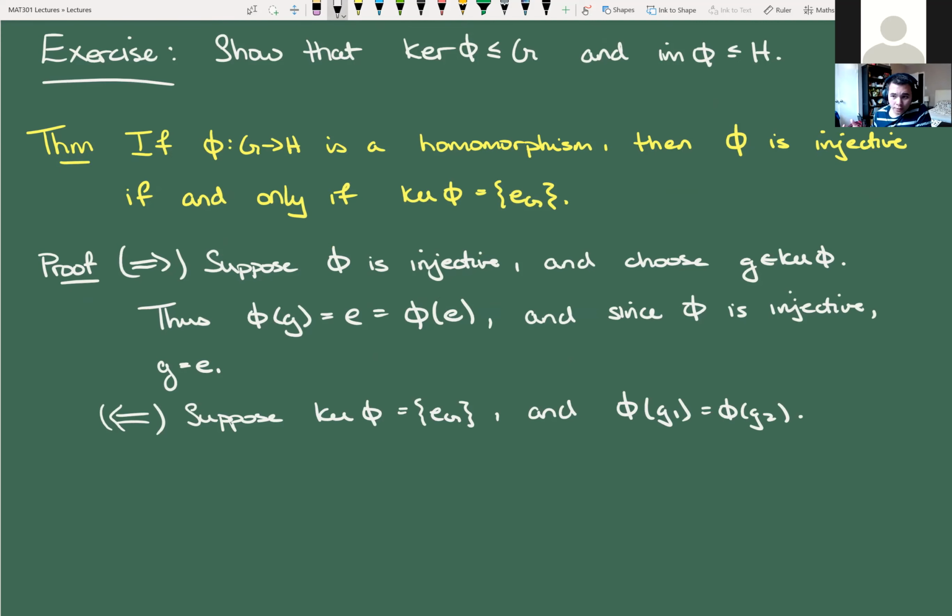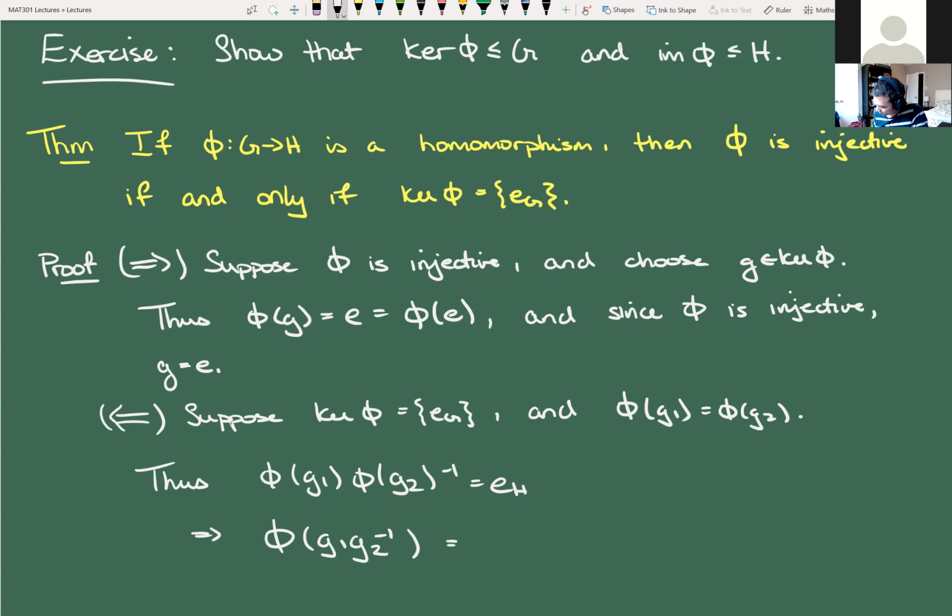Well, all I'm going to do is basically use the group homomorphism properties to bring everything onto the left-hand side. So you get phi of g1 times phi of g2 inverse is the identity. So phi of g1 g2 inverse is equal to the identity.